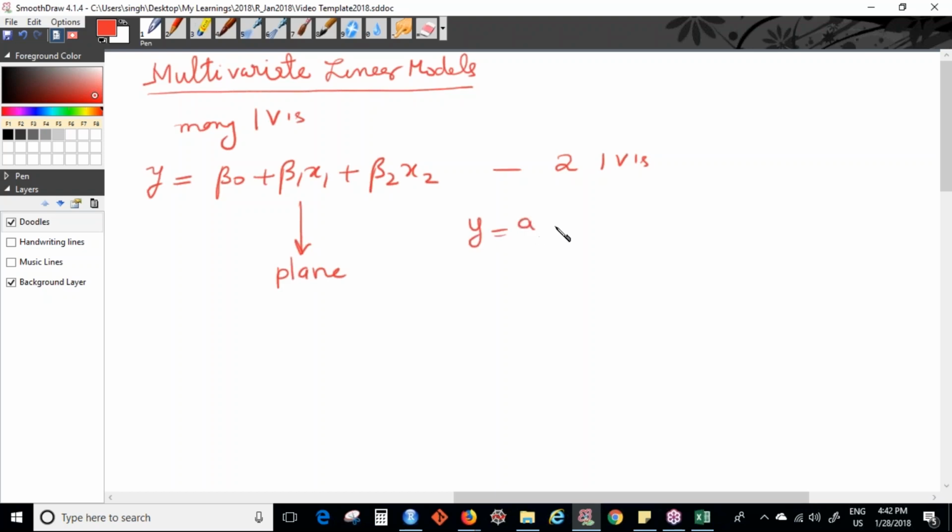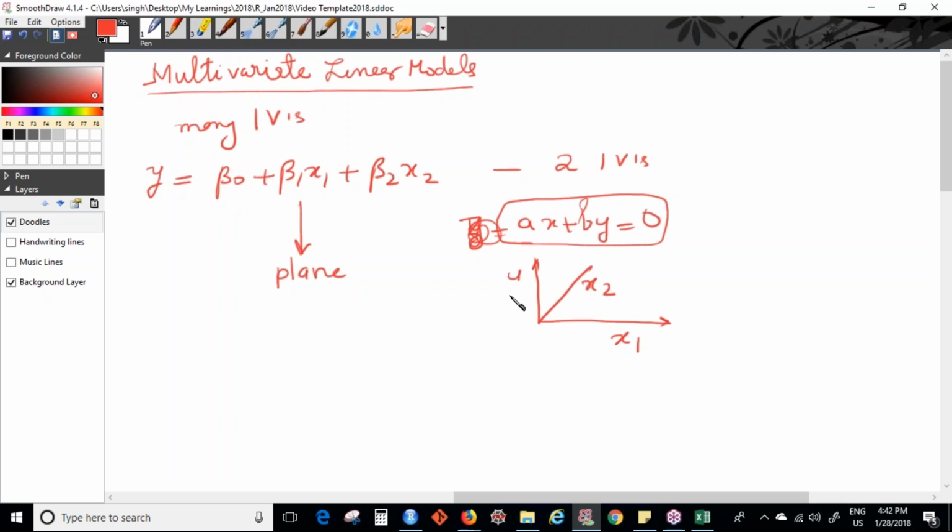The equation of a plane is ax plus by is equal to 0. This is the equation of a plane, if you remember. So this is class 10. When you have two variables, your data is now in multiple dimensions. So you might have something like this: this is your x1, this is your x2, and this is your y.